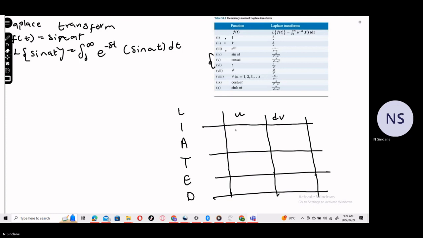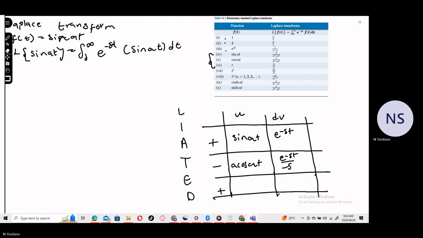So differentiating trig, we will have sine of at, right? This is plus, minus, plus. Then integrate e to the power minus st. When I differentiate sine of at, I'm going to get a cos of at. When I integrate e to the power minus st, this will be e to the power minus st over negative s.